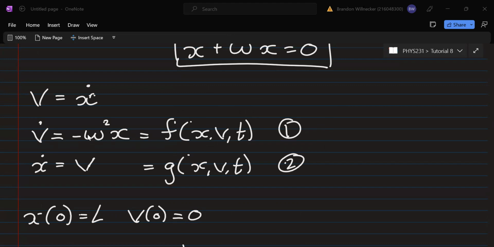So this f will change a bit, and this g will change a bit. But the actual implementation of the Runge-Kutta method is exactly the same. It's just these two equations here and the initial conditions that change.